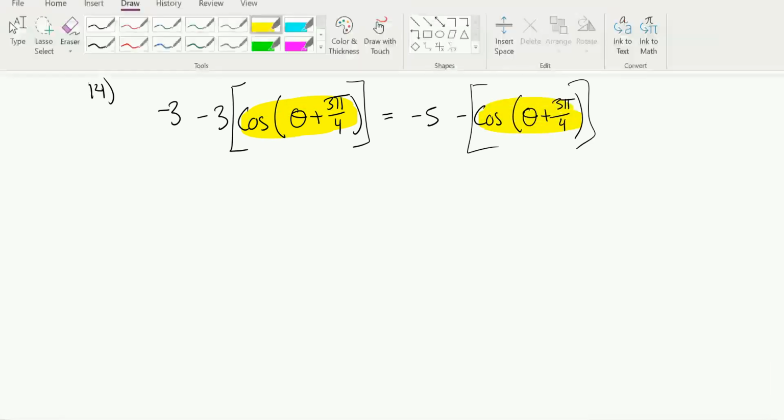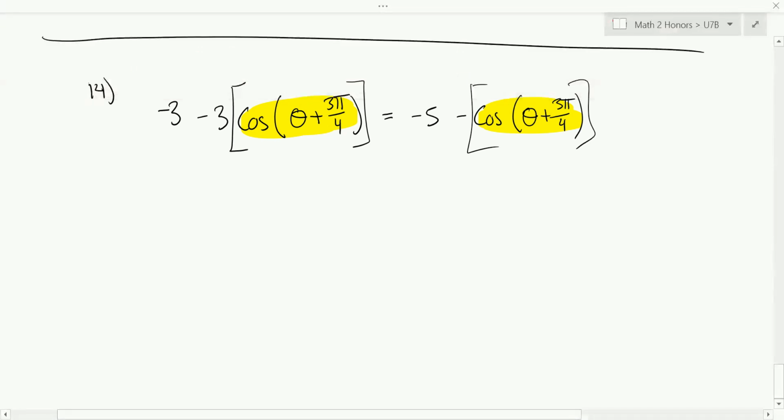So what you may want to do, if this looks too intimidating to you, you can substitute in a variable for it. You can say, well, let's let A be the cosine of theta plus 3 pi over 4. And if I do that, then my equation becomes negative 3 minus 3a equals negative 5 minus a.